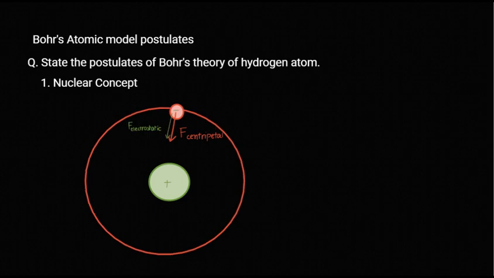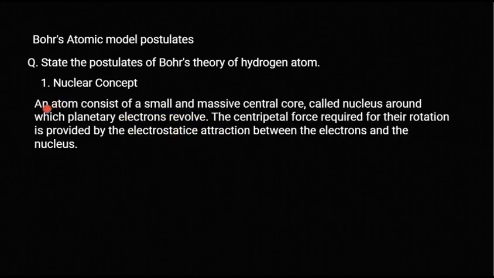This is the electrostatic force acting on the negative charge by the positive charge, which pulls the body towards the center. Therefore, the centripetal force and the electrostatic force are balanced. Hence, the electron revolves around the nucleus in a circular orbit. Therefore, an atom consists of a small massive central core called the nucleus around which planetary electrons revolve. The centripetal force required for the rotation is provided by the electrostatic attraction between the electrons and the nucleus.